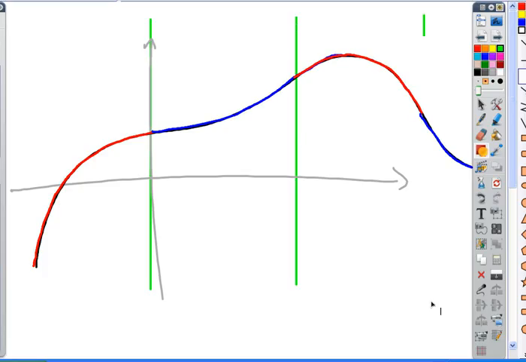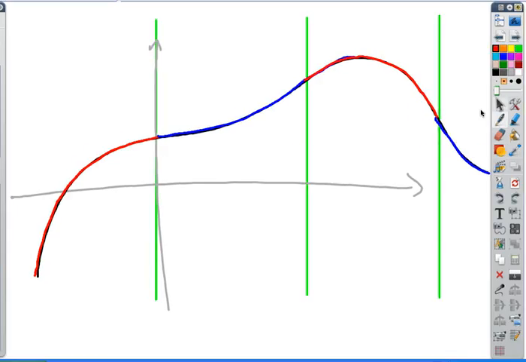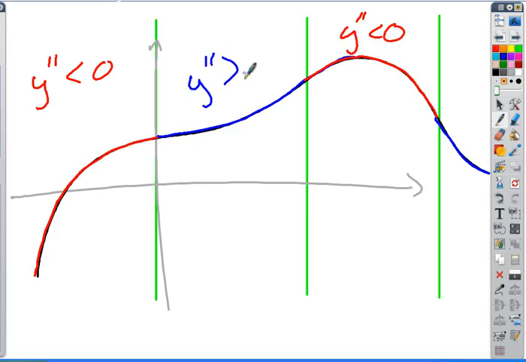And so we've got second derivative negative, second derivative negative, second derivative positive, second derivative positive.